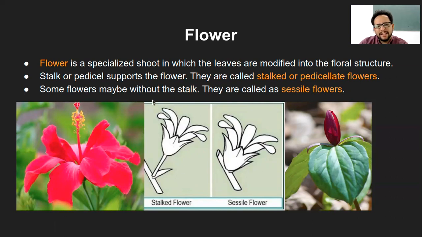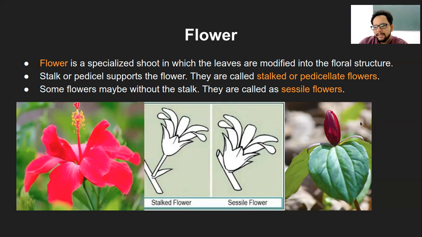And some flowers do not have any stalk, and they are called sessile flowers. For example, again the representative diagram is here. This flower is directly attached to the branch without any pedicel. You can see here there is a pedicel or a stalk. Here there is nothing, and the flower is directly attached, so that is called a sessile flower.